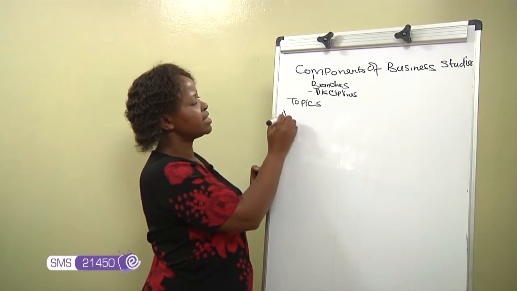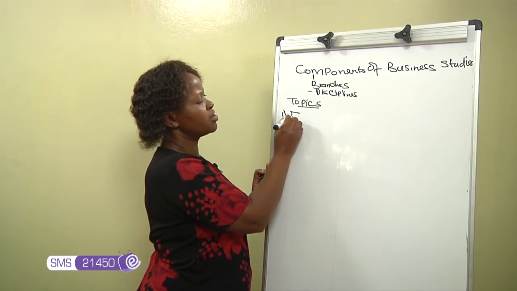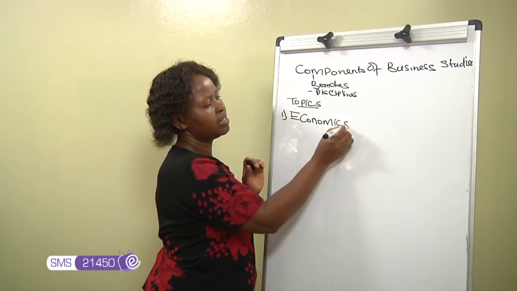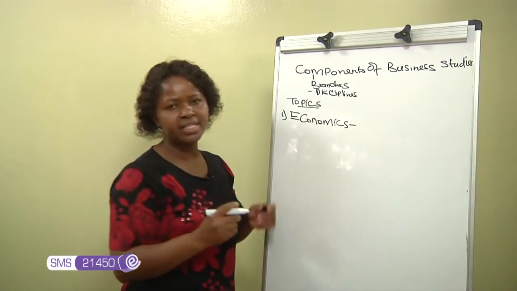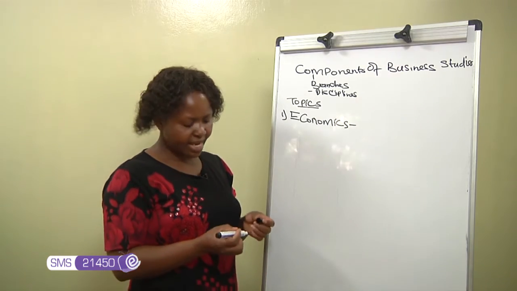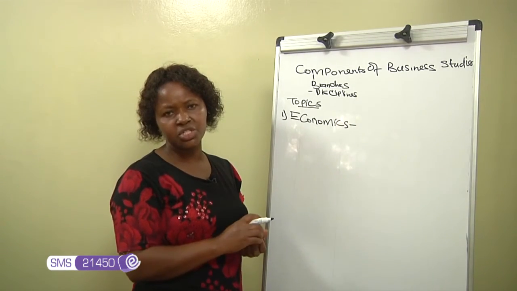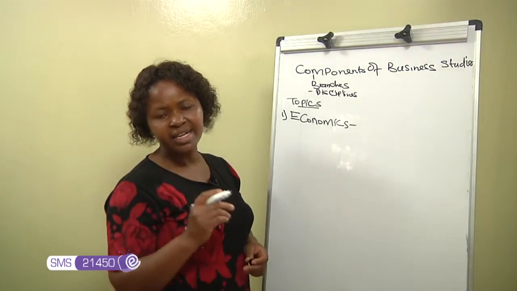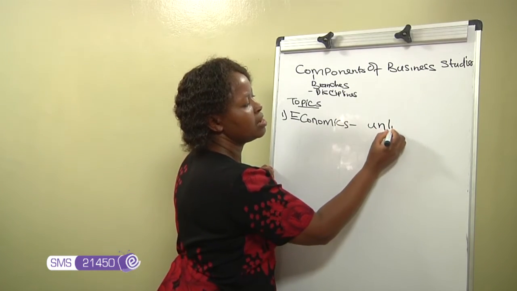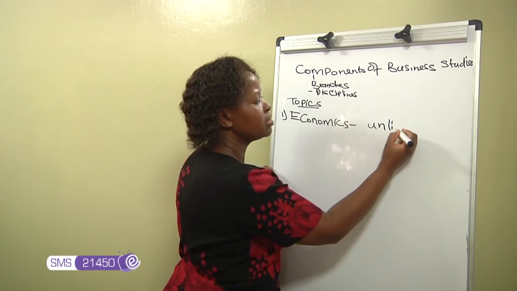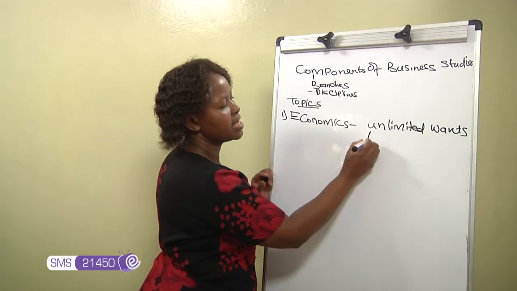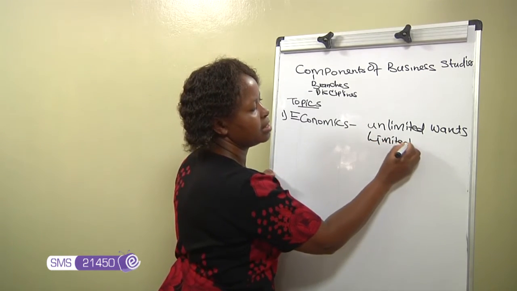One of these areas is economics, which is one of the disciplines. So how do we define economics? Economics is defined as the study of how human beings strive to fulfill their unlimited wants with the limited resources.